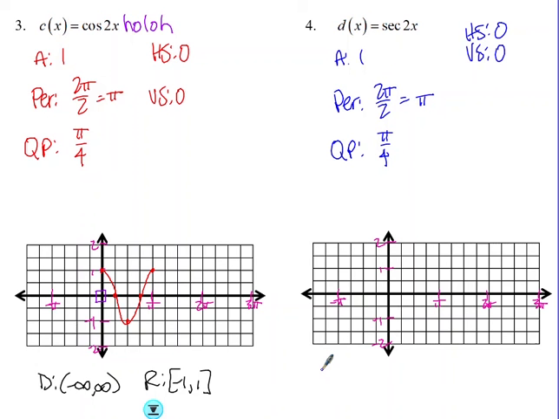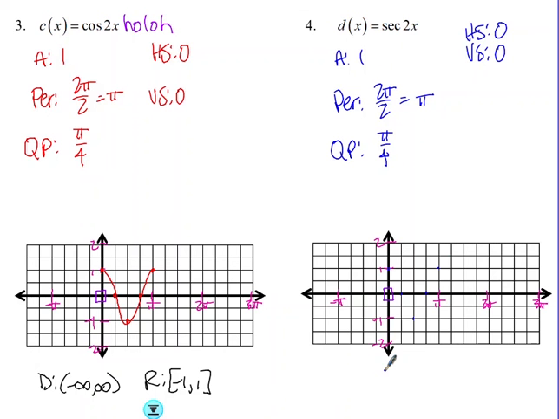Now, we are still starting at (0, 0). So I'm going to think in my head that this is going to be similar to a cosine graph. So I'm going to go ahead and put the 5 points that I put for my cosine graph.